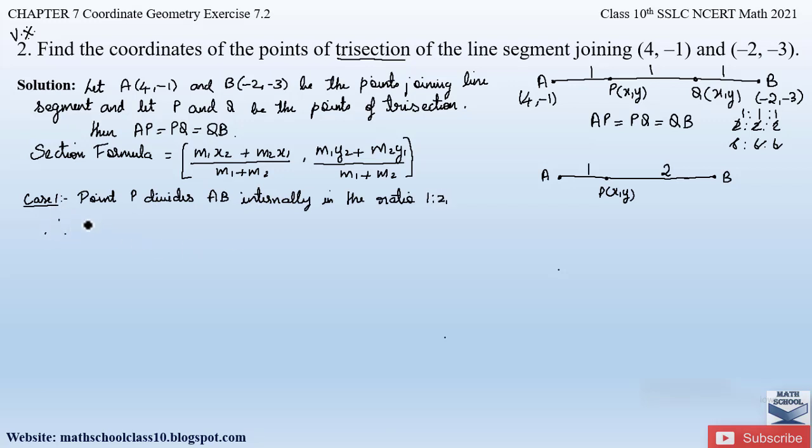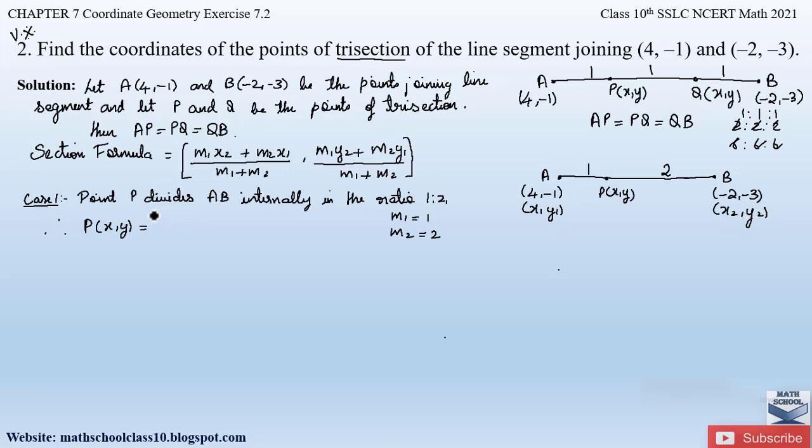Therefore, the coordinates of point P (x, y) will be equal to, here since the ratio is 1:2, m1 will be 1 and m2 will be equal to 2. And we will assume point A, given by (4, -1), to be (x1, y1), and point B, given as (-2, -3), to be (x2, y2).